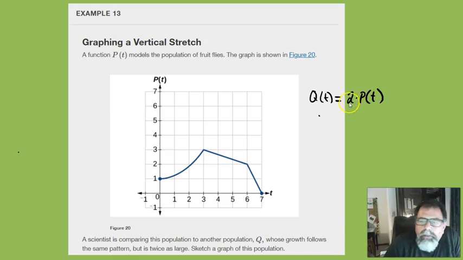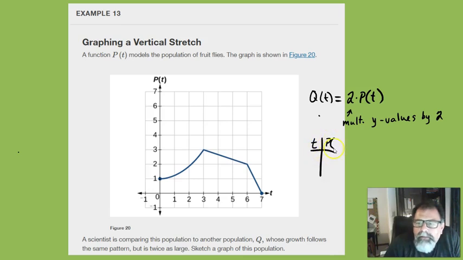2 is bigger than 1, so it's going to be a vertical stretch, right? So we're going to multiply all the Y values by 2. And we're going to leave the X, or the T in this case, alone. So at this point, 0, 1, so if we have T and P of t, we got 0, 1.